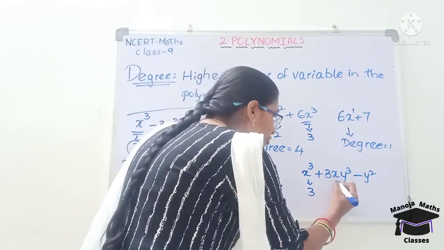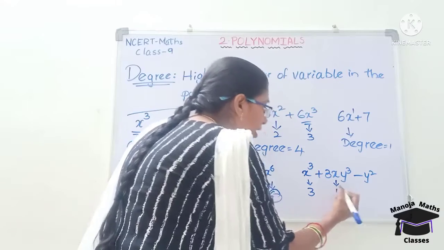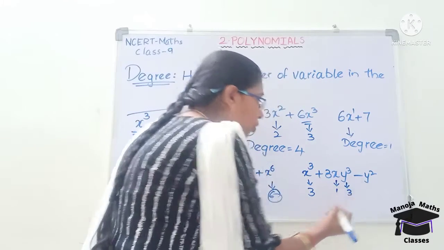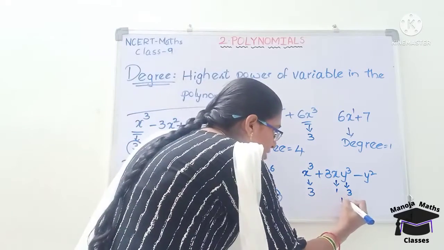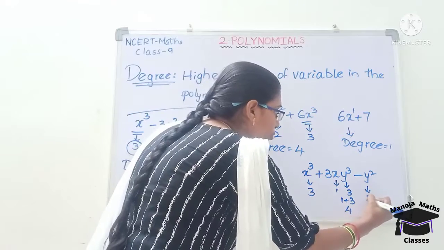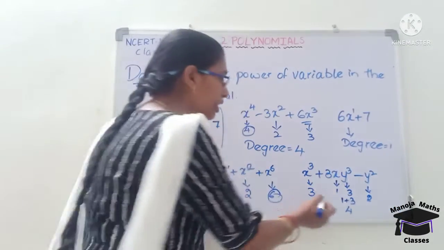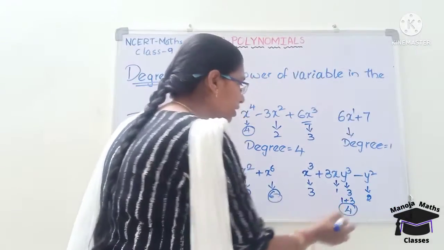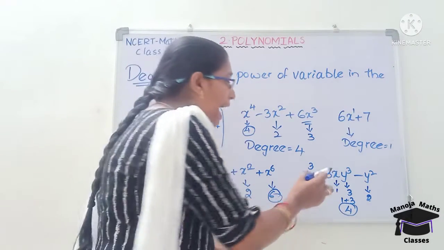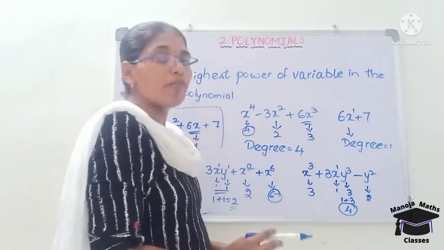Two variables. For variable x, the exponent is 1. For variable y, the exponent is 3. What is the total, children? 1 plus 3 is 4. And for y square, the exponent is 2. Which is greater, 3, 4 or 2? 4 is greater. So if you have two variables in the same term, add the exponents of the two variables.